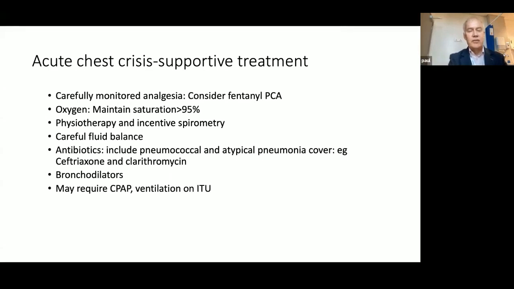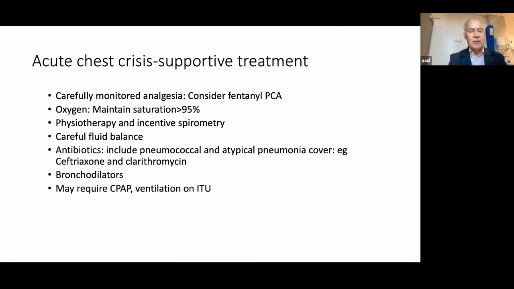We often use fentanyl given by intravenous patient-controlled analgesia because fentanyl can be titrated quite precisely and can be used to get on top of the pain without causing respiratory suppression, which may happen if you overdo long-acting opioids. Obviously, you need inhaled oxygen to maintain good oxygen saturations.